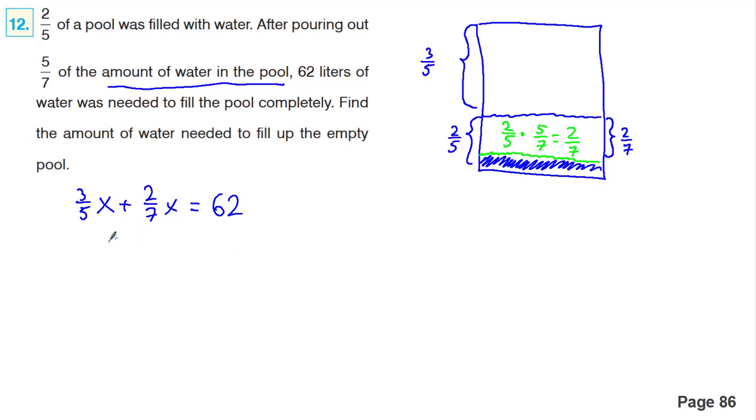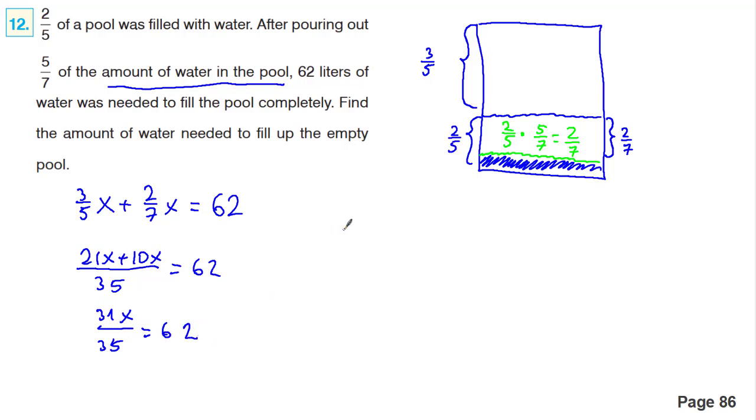All right, now that we set up an equation, it's very easy to solve. So the least common multiple would be 35, and 7 times 3 is 21x plus 10x is 62. So 31x over 35 is 62.